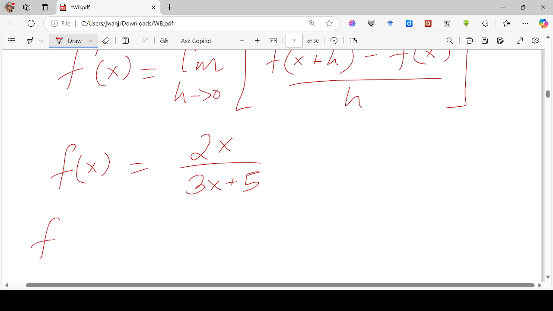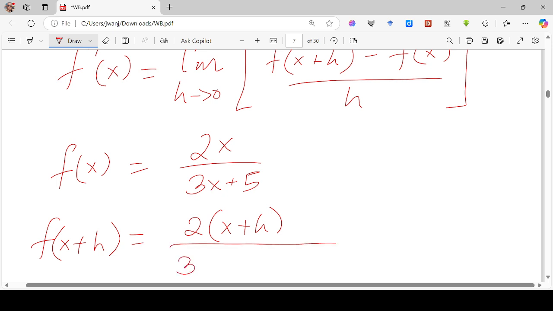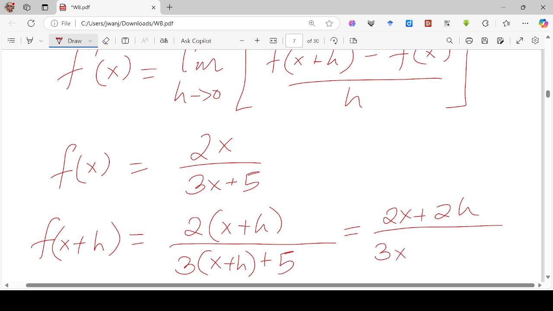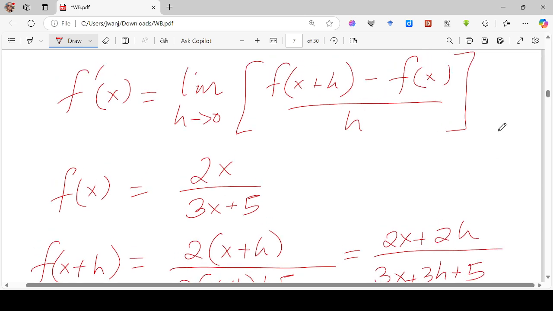When we write f of x plus h, this will be 2 into x plus h. Remember, here we are replacing x by x plus h, plus 5. So we can write this as 2x plus 2h, and the denominator can be expressed as 3x plus 3h plus 5.